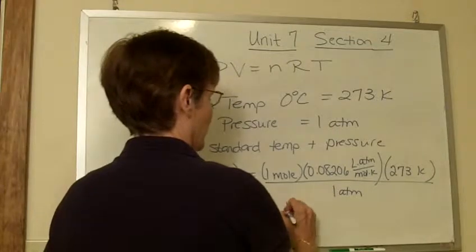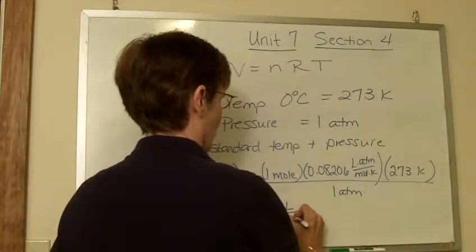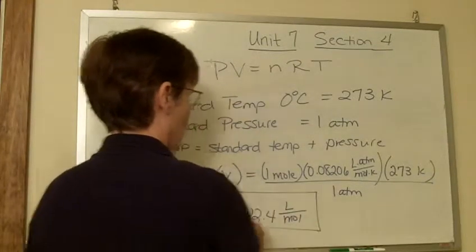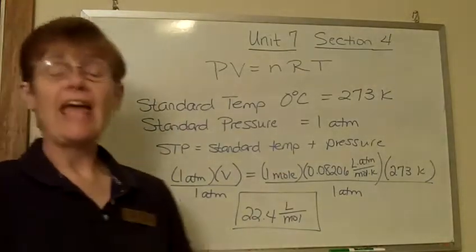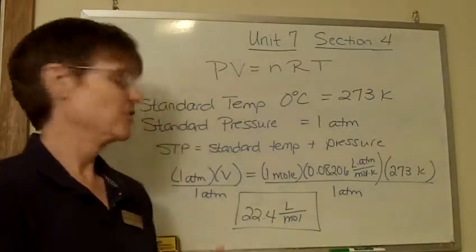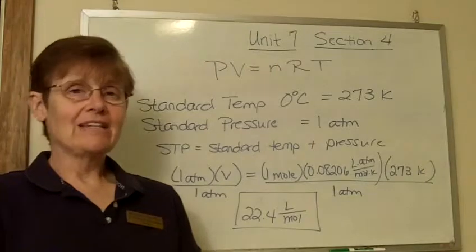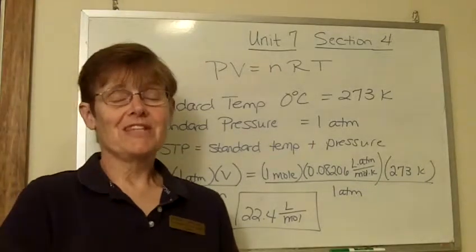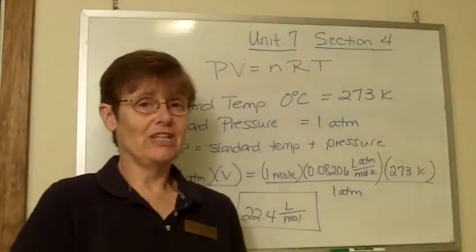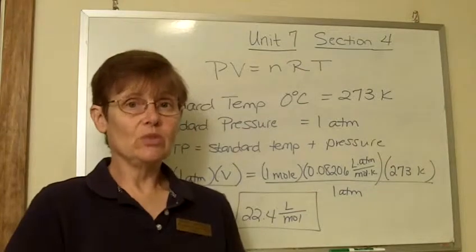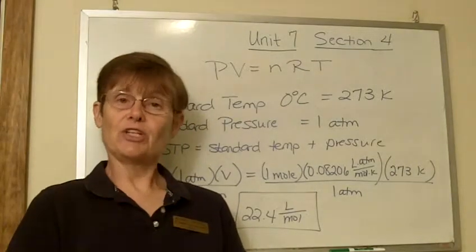So that is liters per mole. And that is the molar volume of any gas at standard temperature and pressure. So that's kind of like a magic number. If we know that we are under standard conditions, then we can use this number to figure out how much gas we've got.